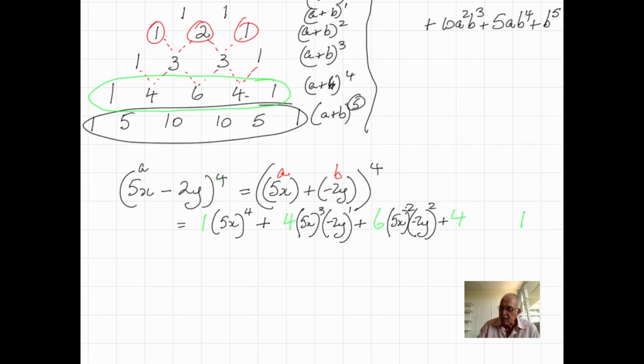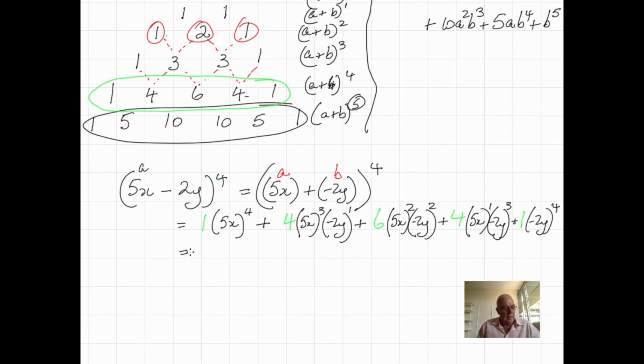Once again, this is going down by a power, so it'll be 5x to the 1, negative 2y to the power of 3, plus 5x to the 0. We won't write to the 0, anything raised to the power of 0 is 1, and then this goes up by a power, so it'll be negative 2y to the power of 4.